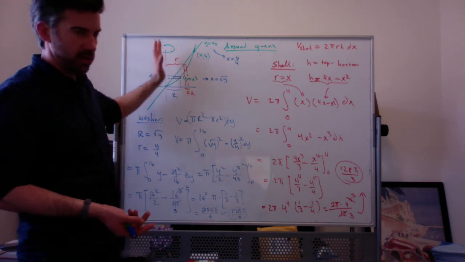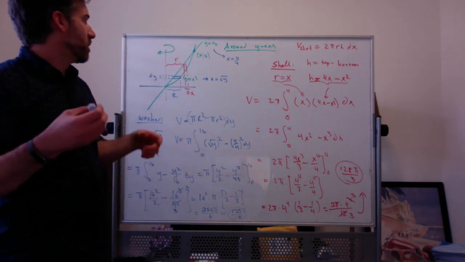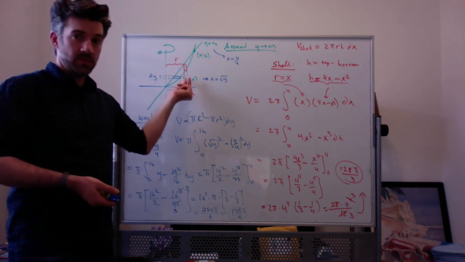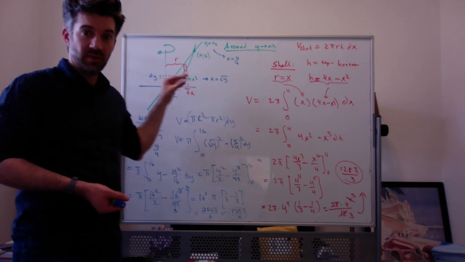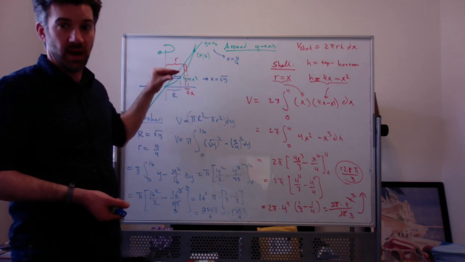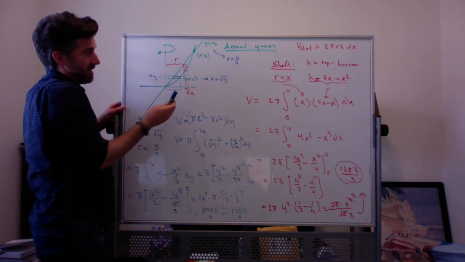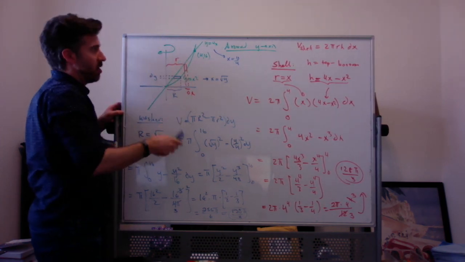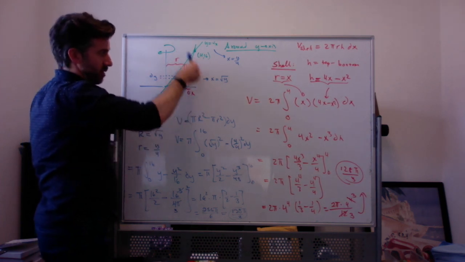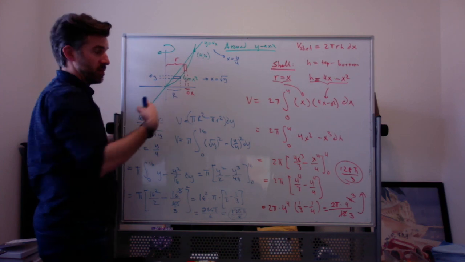And if you use a vertical strip, regardless of the orientation, you have to use dx. If you use a horizontal strip, you have to use dy. So if I'm going around the y-axis and I want to use dx, I have to use the shell method because I'm parallel using a vertical strip. Whereas if I was going around the x-axis and I wanted to use dx, I'd have to use the washer method because my strip would be perpendicular to my axis.